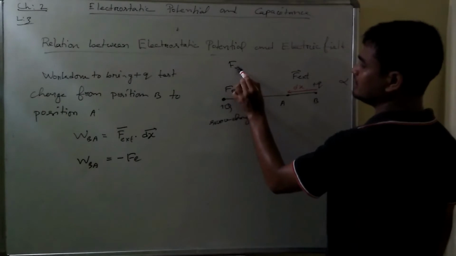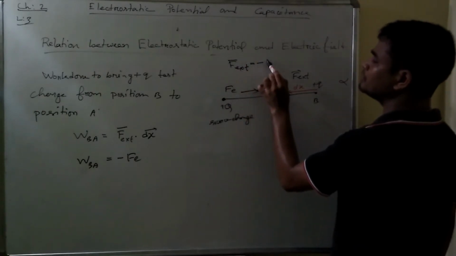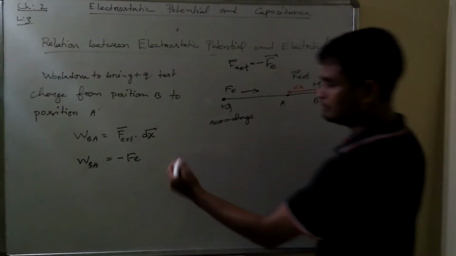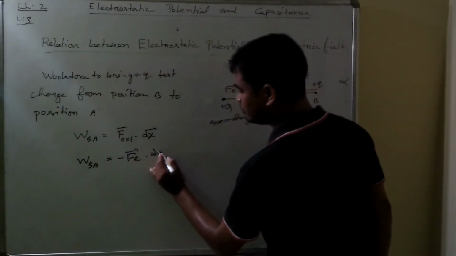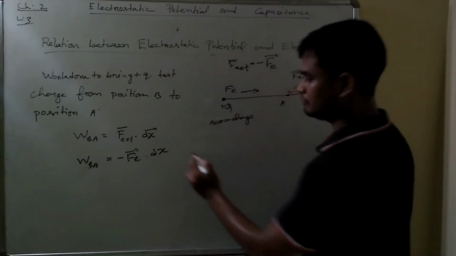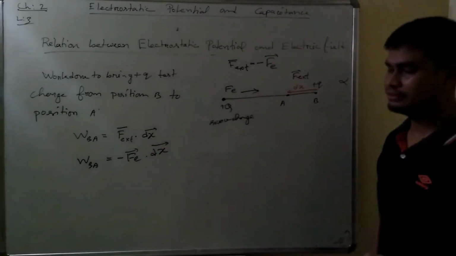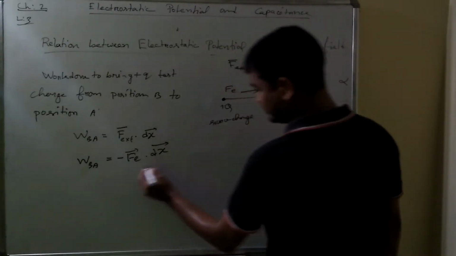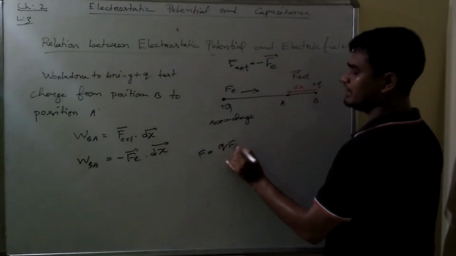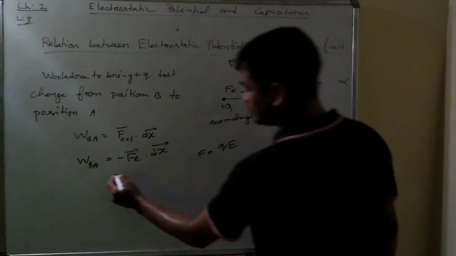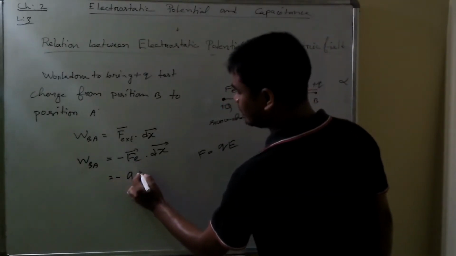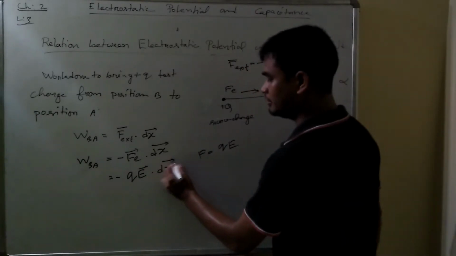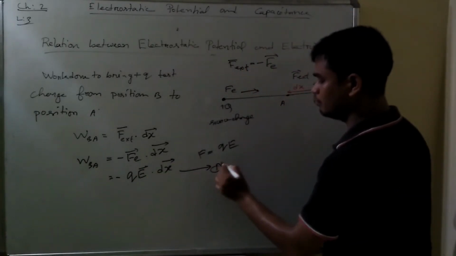Because the external force is opposite to the electrostatic force. Clear? Again, we know that F is equal to QE. So the work done is minus QE dx. This is equation number 1.